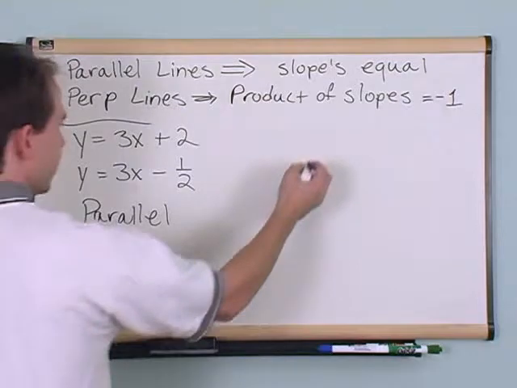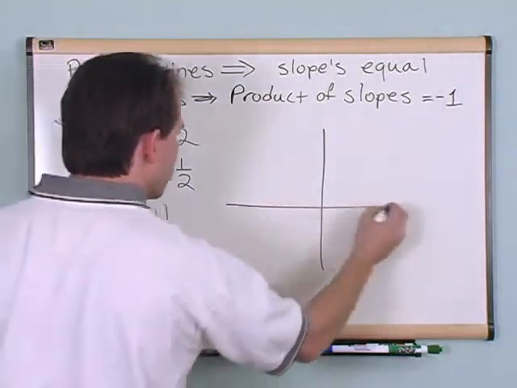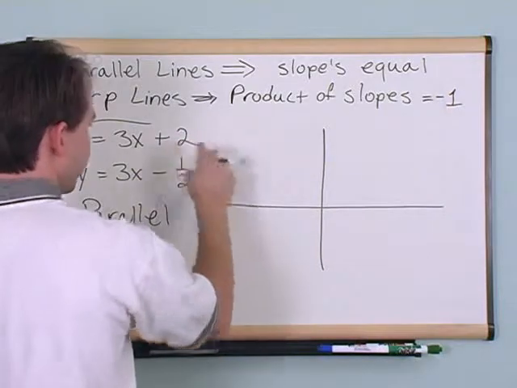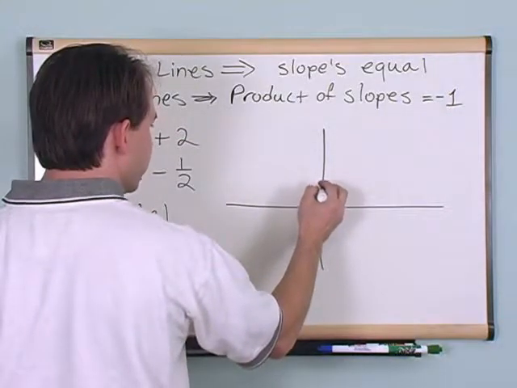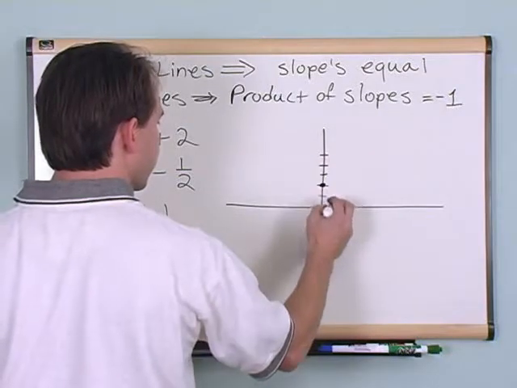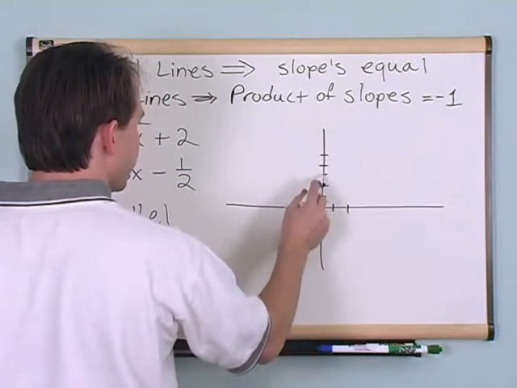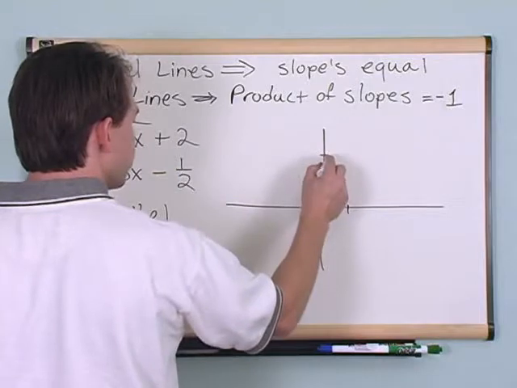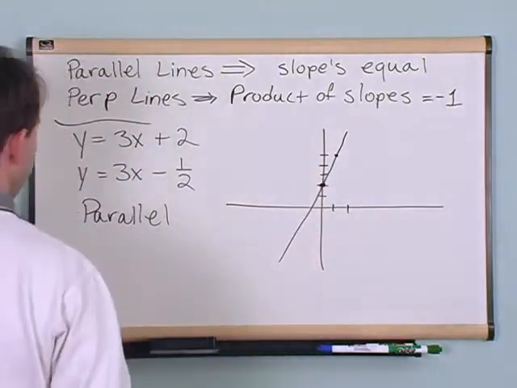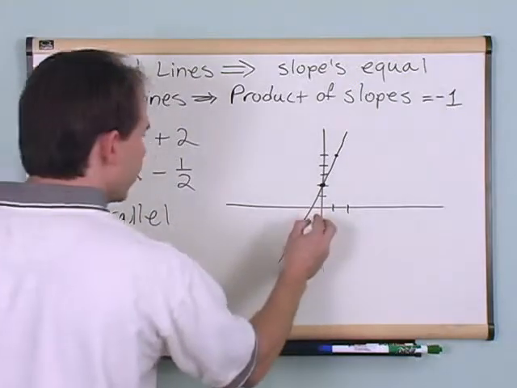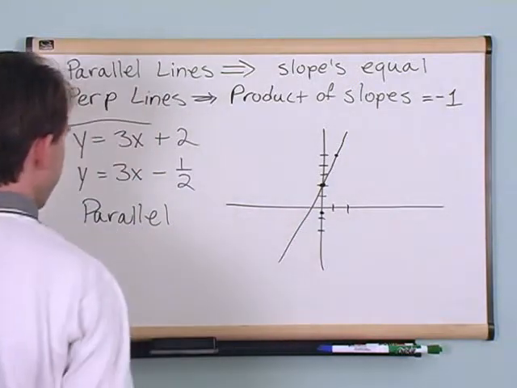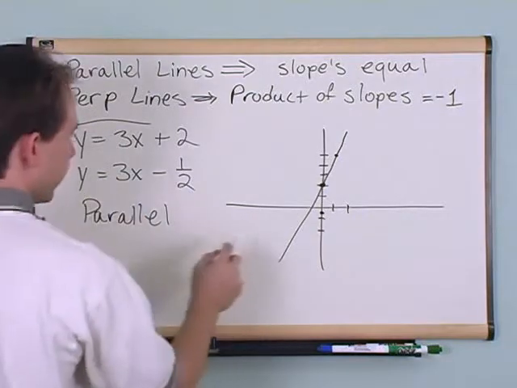And just to prove it to you, I'll show you real fast. Draw your coordinate axis. The y-intercept of this one is at 2 with a slope of 3. So to get the second point, I go 1, 2, 3. That's my rise. My run is over here. My line is like that. For this one, my y-intercept is -1/2, again with a slope of 3.